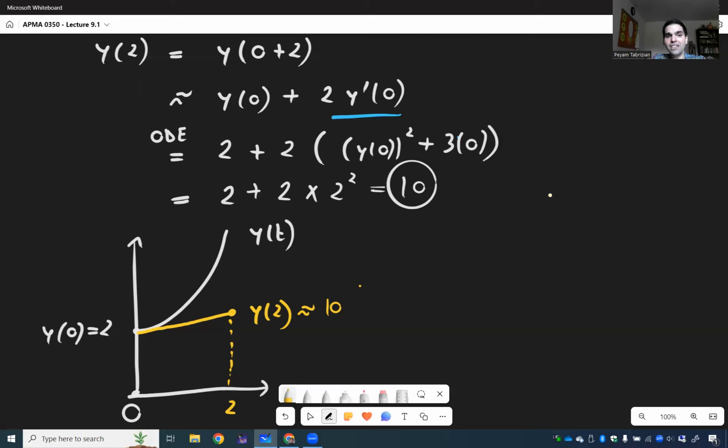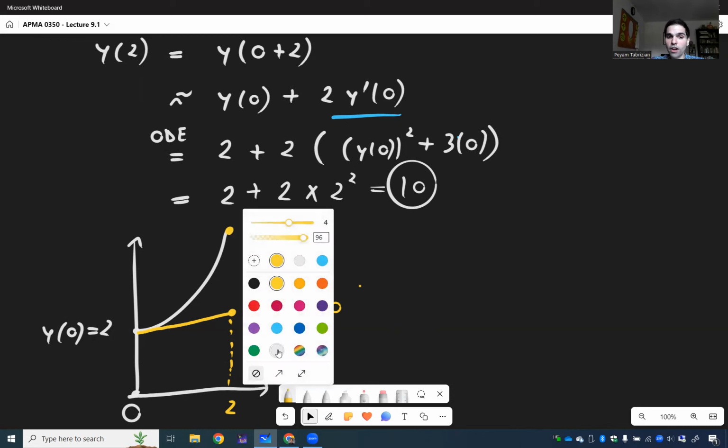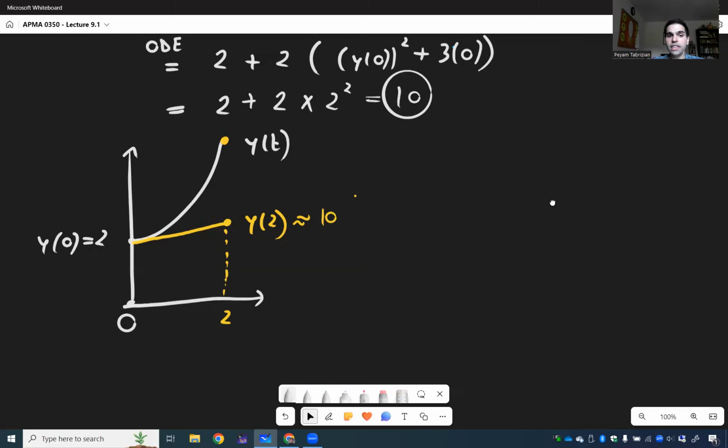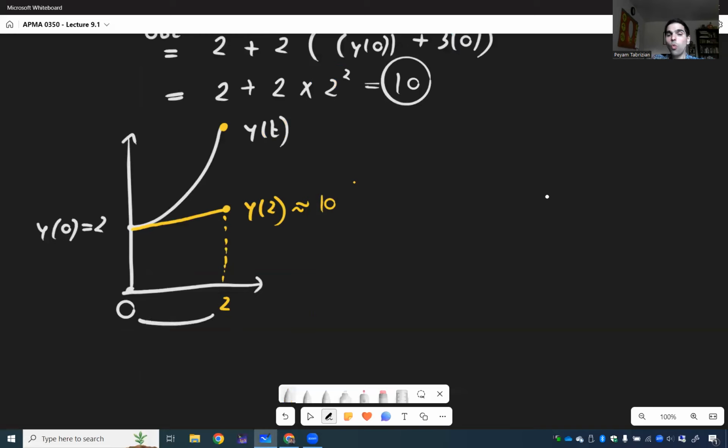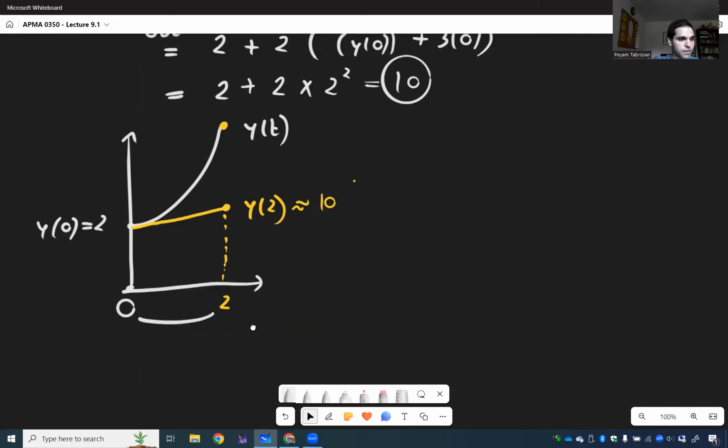Now, of course, as you can see, the actual value of y at 2 and the approximation that we got are still very far apart. And the idea behind Euler's method is, instead of doing one step from 0 to 2, let's actually do 2 steps, from 0 to 1 and then 1 to 2, and do the same thing.